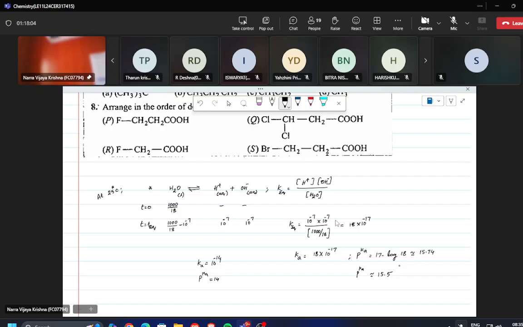That's why methanol is more acidic than water, up to 1952. Later, when they modified it to 10 power minus 14, what is the pKa later? Now, which is more acidic?